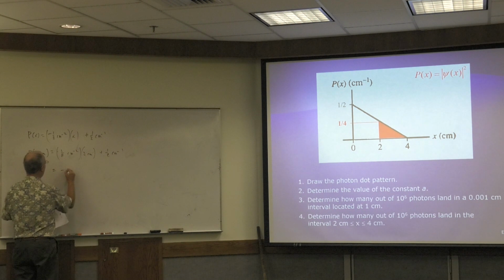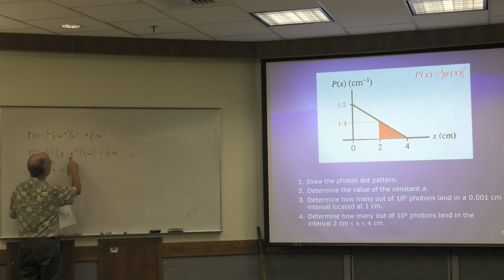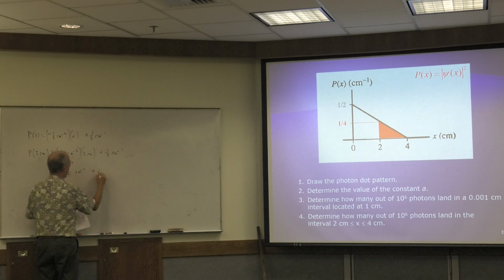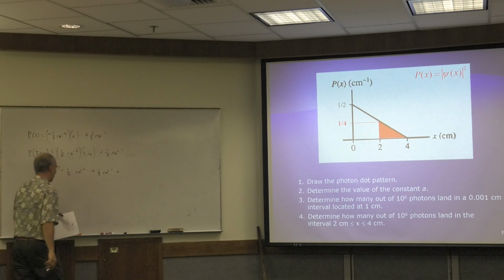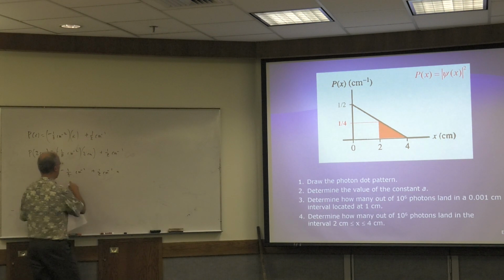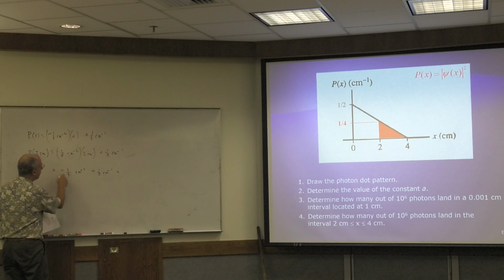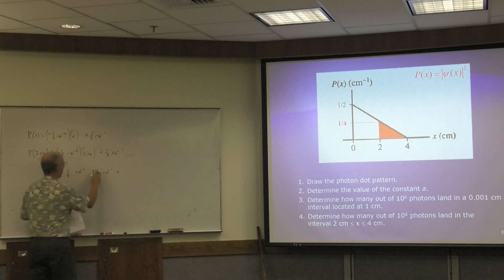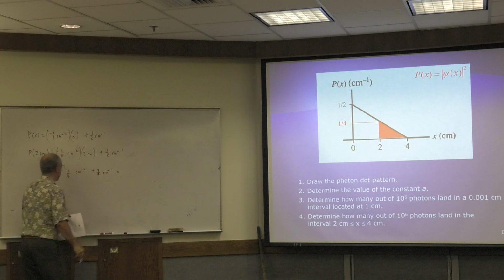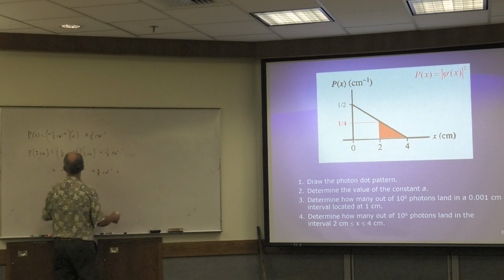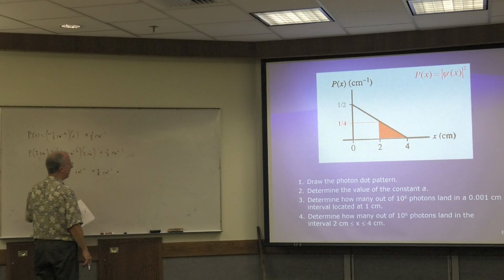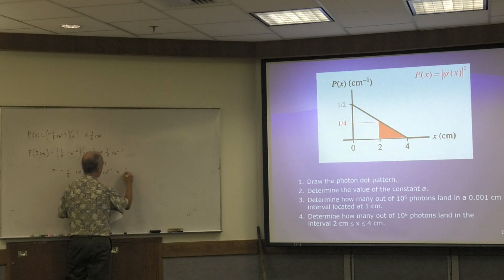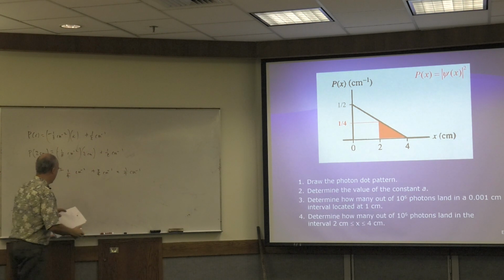So we get minus 1/4 centimeter^-1 plus 1/2 centimeter^-1. Minus 1/4 plus 2/4 is positive 1/4 centimeter^-1. Sorry.